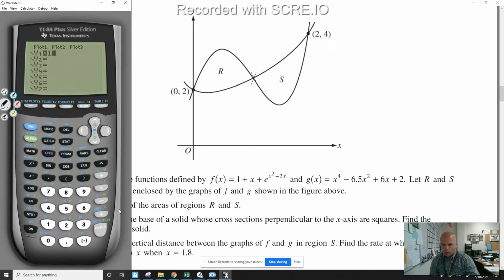So I got 1 plus x plus e to the x squared minus 2x. I have x to the 4th minus 6.5 x squared plus 6x plus 2.